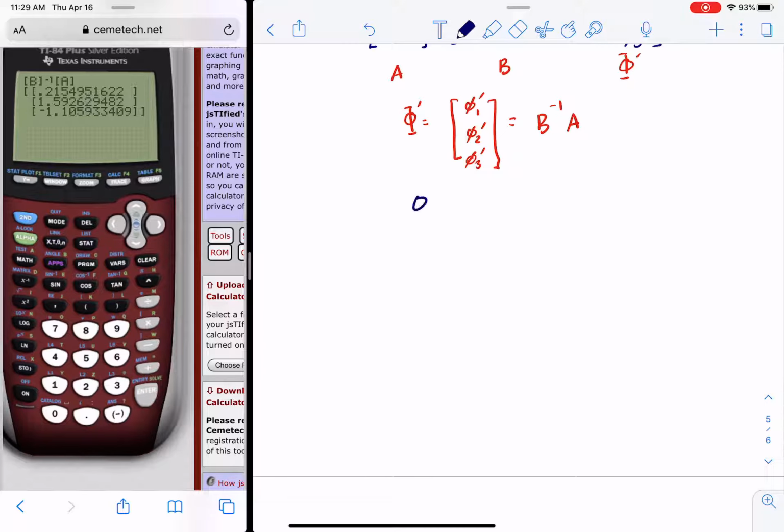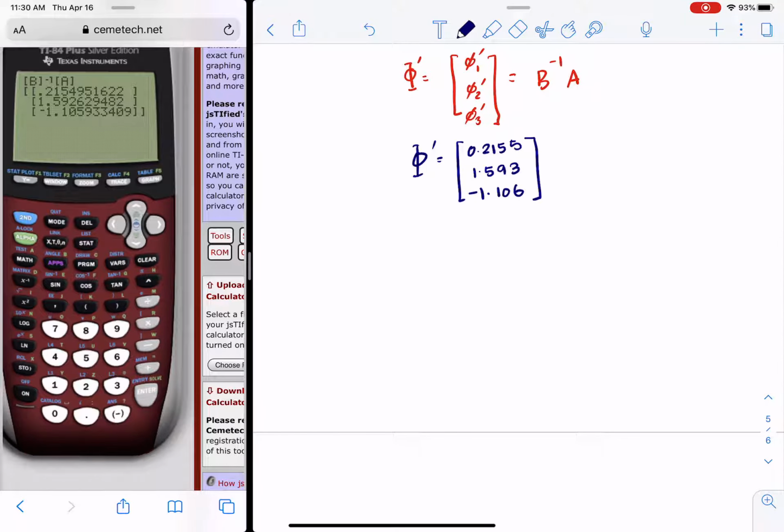So phi prime is 0.2155, 1.593, negative 1.106.